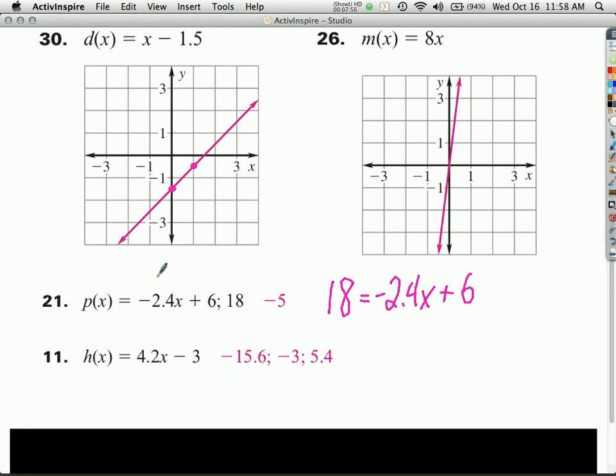26. Which one? 26. The slope is 8 over 1. The y-intercept is 0. Up 8 over 1. The publisher did not provide the best graph of this, but if you go all the way up to 8 and go over 1, there would be a point way up here. What did yours look like?